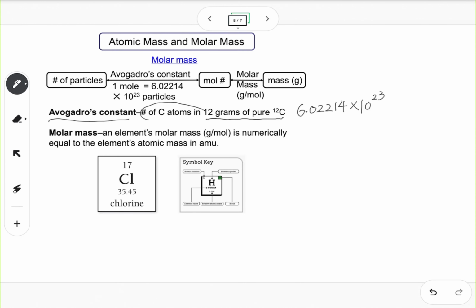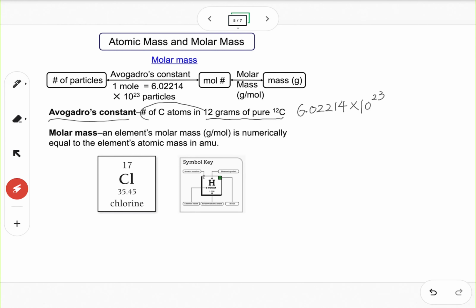So in order to make our life easier in chemistry and science, we define this as the mole. That's the second concept on this slide. If you have this much of particles, then we define it as 1 mole of this particle.